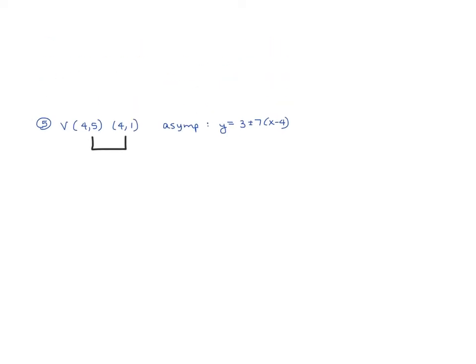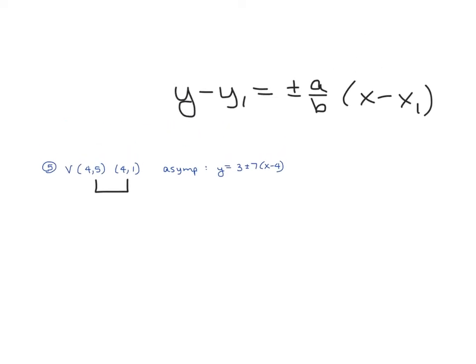Remember in the asymptote formula, it was y minus y1 equals plus or minus a over b, x minus x1. Remember this y1 is the k, and this x1 is the h. Now, be able to work with this asymptote. This one's been manipulated.